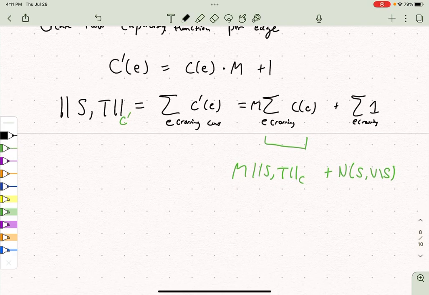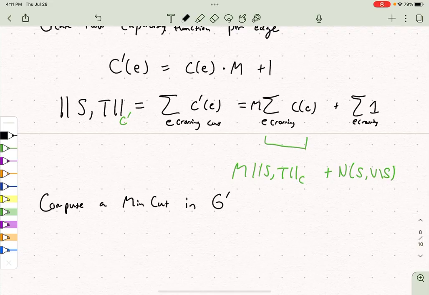So now all we have to do is compute a min cut in G prime, but remember it's just C prime instead of C. We're not changing any of the nodes or anything.